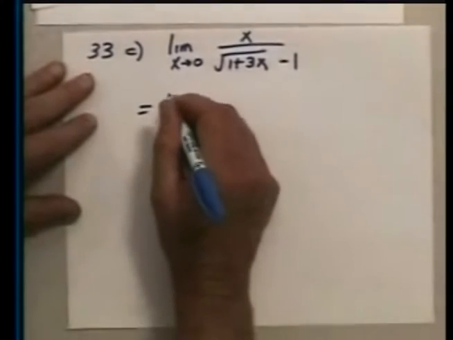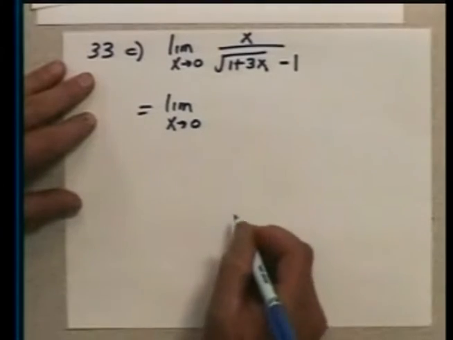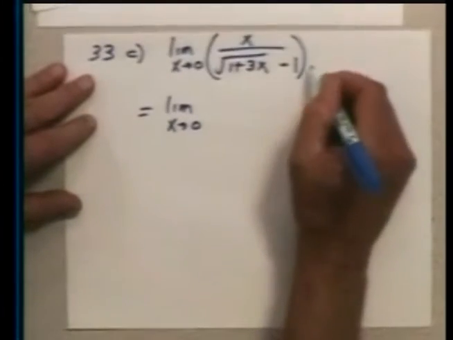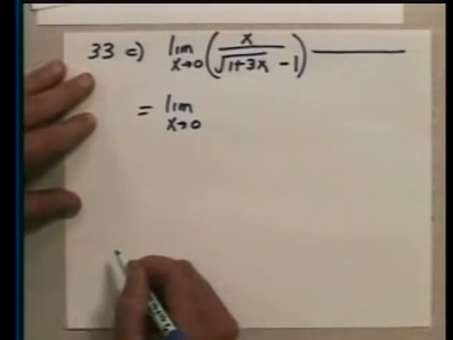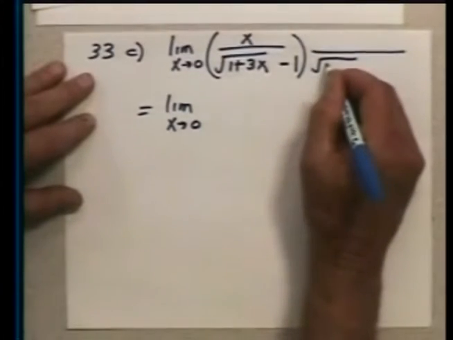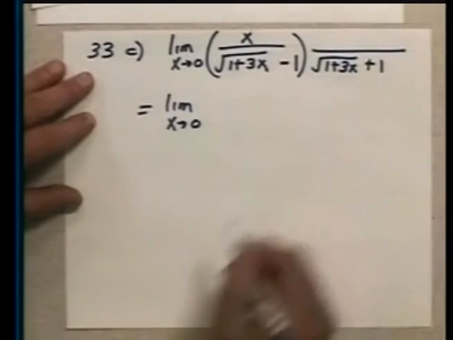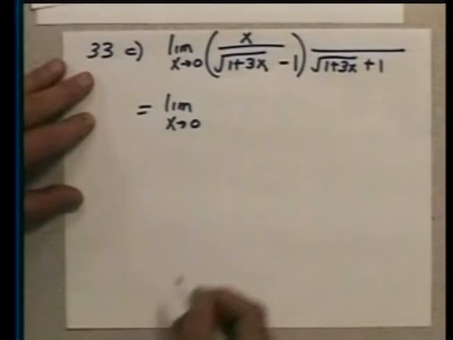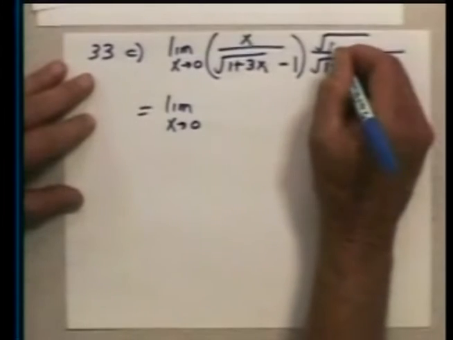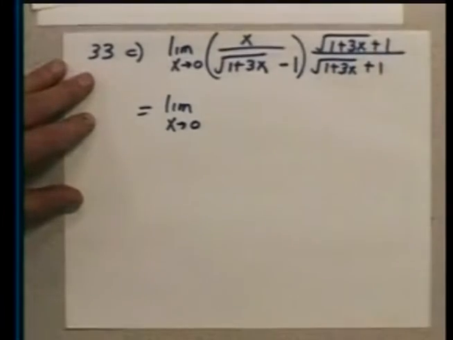Okay, the standard procedure we talked about on Thursday was multiply this by the conjugate of the radical over itself. The conjugate of the radical is the square root of 1 plus 3x plus 1. But to maintain equivalence, we must multiply the numerator by the same quantity. Does that look familiar?